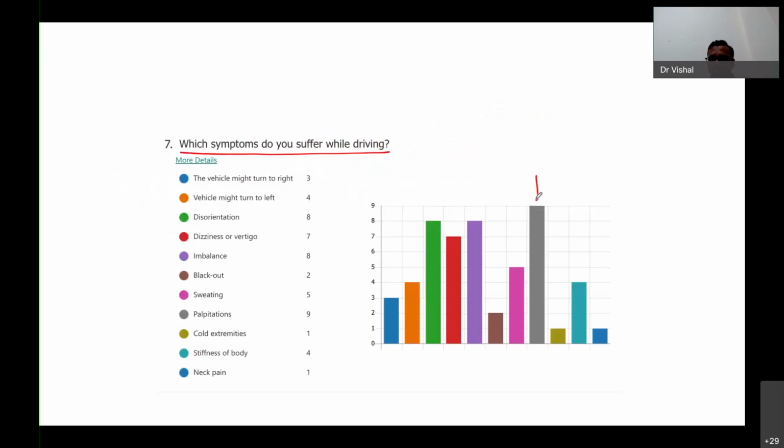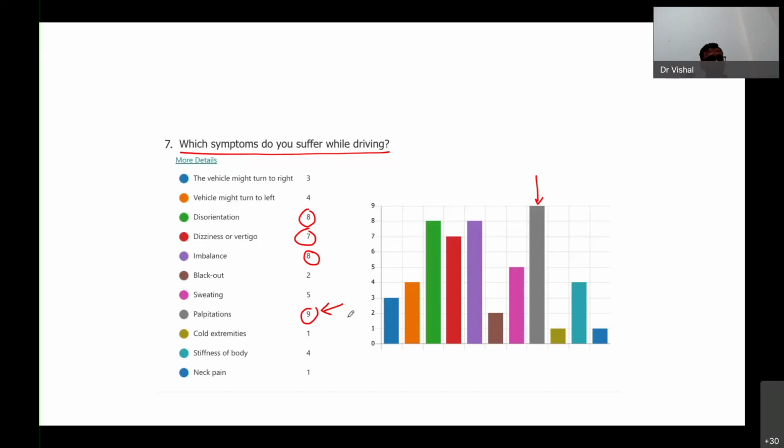Most of the patients said that they experience a kind of unsteadiness or imbalance, and dizziness or vertigo, and disorientation was also a very common feeling. And palpitation, because it causes severe anxiety, as they are at high speed and then they develop this disorientation.